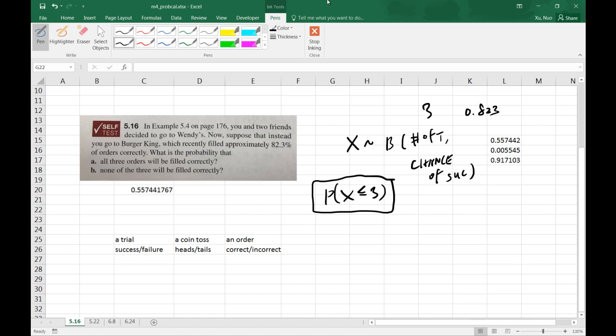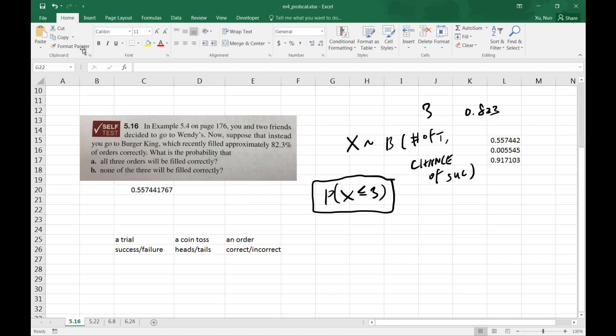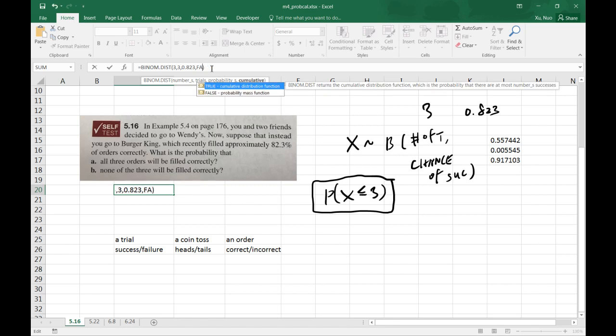So I just need to go back here and change the fourth argument from false to true. Now pause quickly and guess what the value should be. In this case, the function is going to return a probability that tells you x is less than or equal to 3.